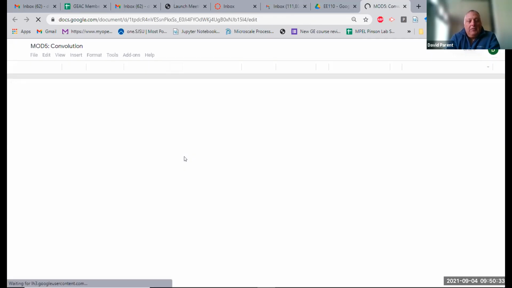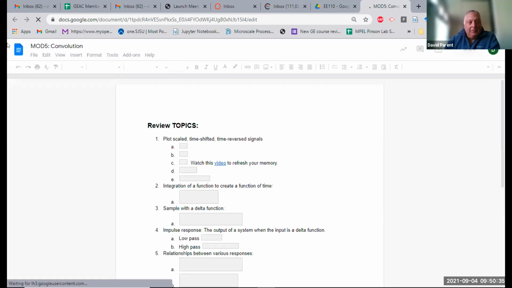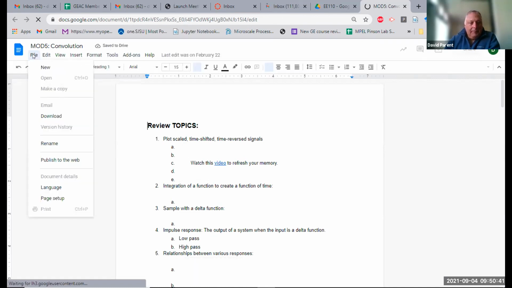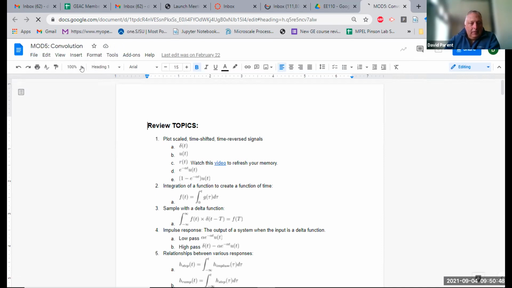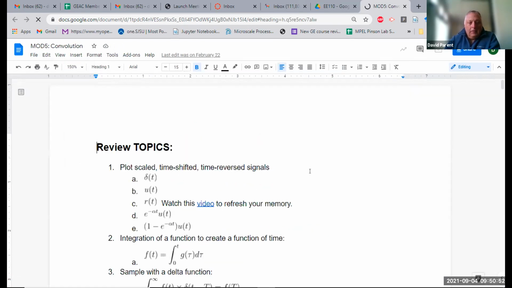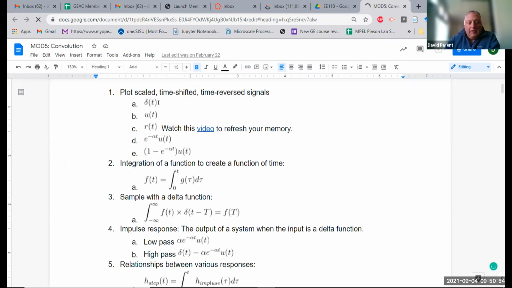So what I was trying to say is I actually did write out detailed notes. There are these plots, which, when I'm going over convolution, are now review topics.